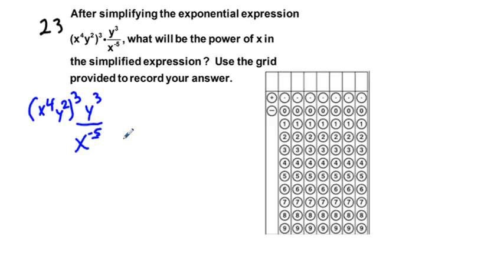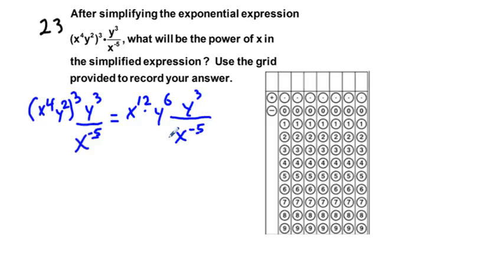Okay, for this, we're going to distribute, and we could do this different ways, so that x to the fourth raised to the power of third becomes x to the 12th power, and the y squared raised to the power of 3 is equal to y to the 6th power, and then we bring over what we have left, which is y to the third power over x to the negative 5 power.